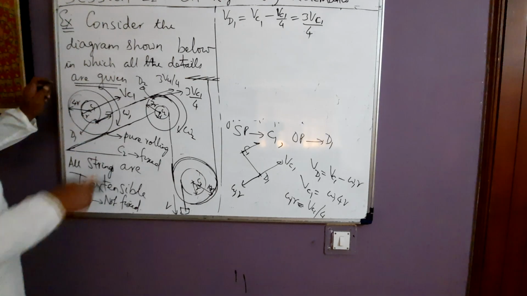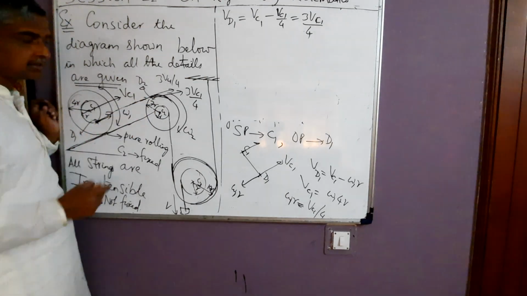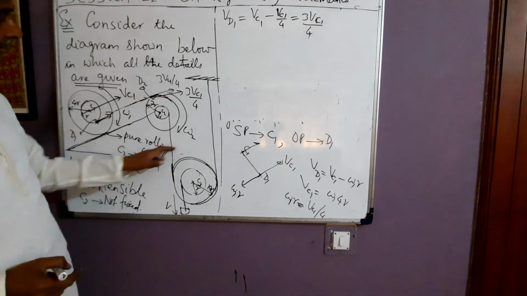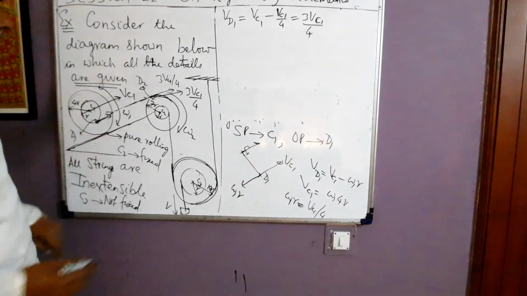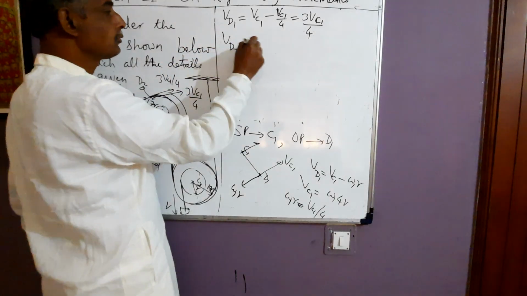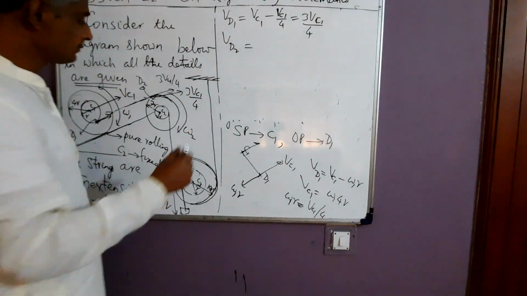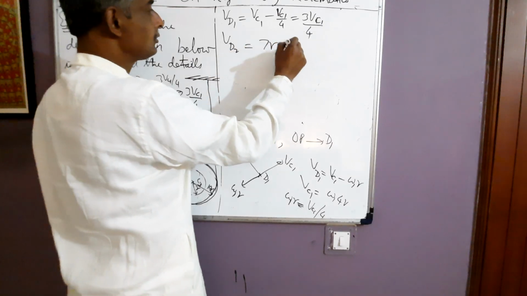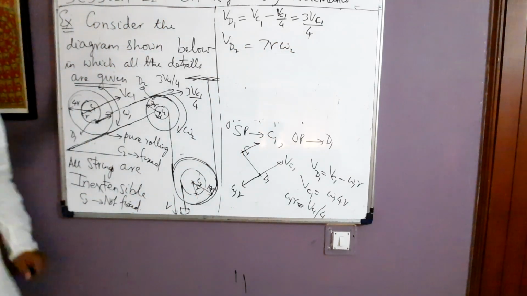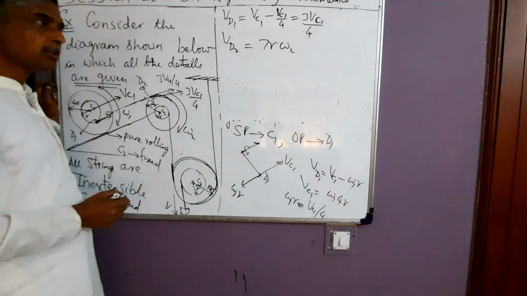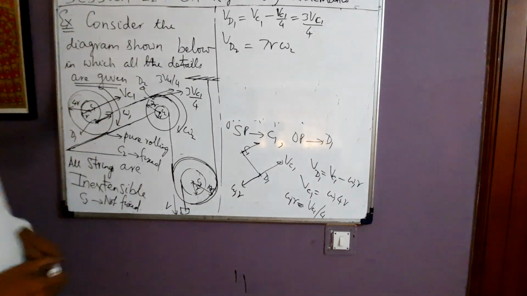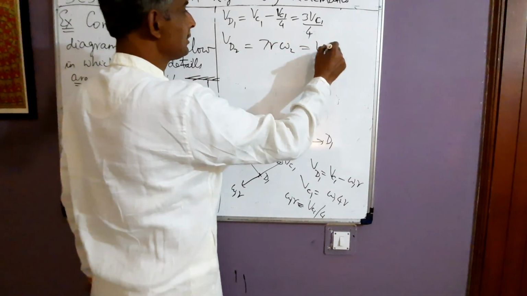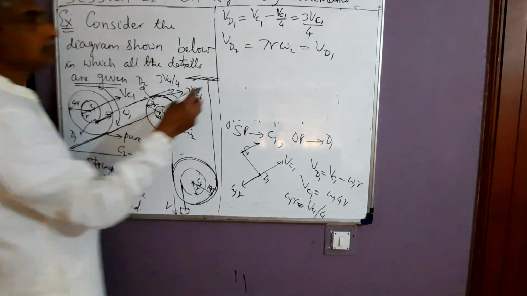Now C2 is fixed and the D2 to C2 distance is constant, 7r. So D2 moves in a clockwise circle with center at C2 and radius 7r. So velocity Vd2 from circular motion theory should be 7r into omega 2. So Vd2 is 7 omega 2r. And this should be same as Vd1 because here it is no slip condition.